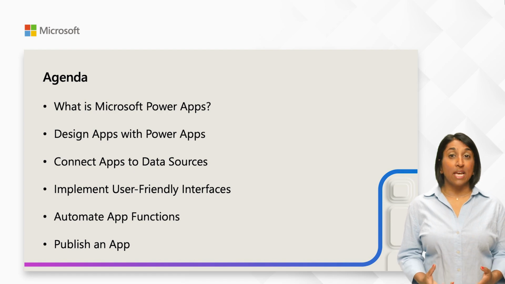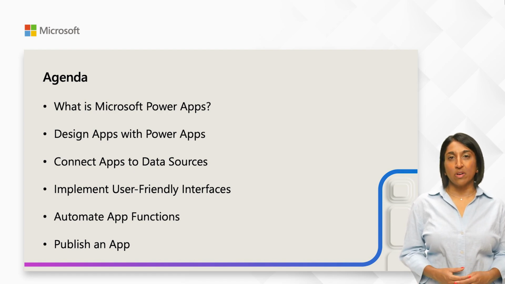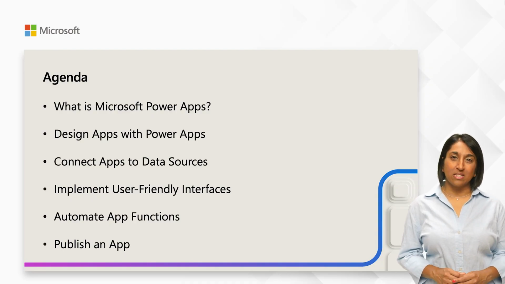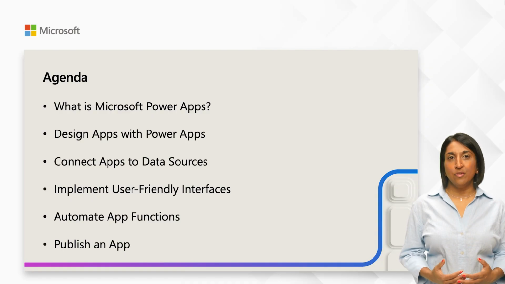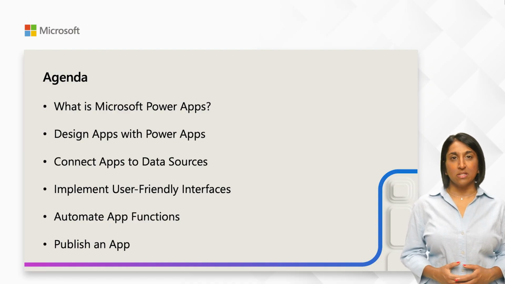Next, we'll explore how to connect these apps to various data sources like SharePoint, OneDrive, and Excel. We'll also discuss best practices for implementing intuitive, user-friendly interfaces. Finally, we'll cover adding automation to your apps with Power Automate and publishing them to shared workspaces in SharePoint and Microsoft Teams. This session will provide a comprehensive foundation for effectively using Power Apps.